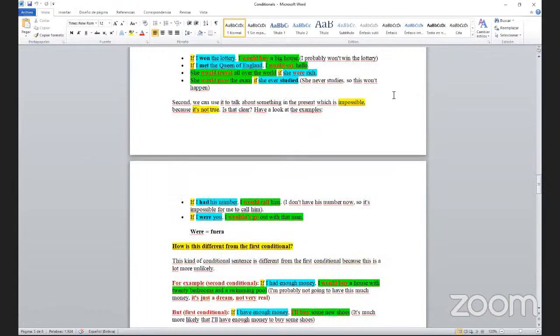Perfect, perfect, Gabby. So now I will assign you, okay, let's go to the platform. I will assign you this second unit so we can start with this first grammar.